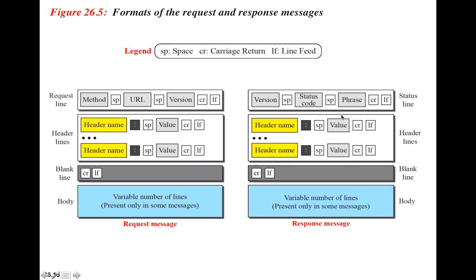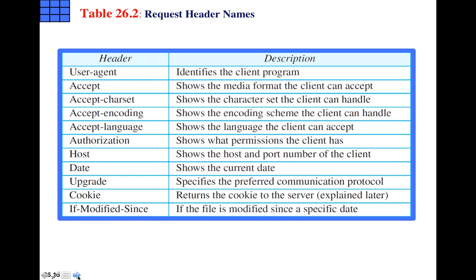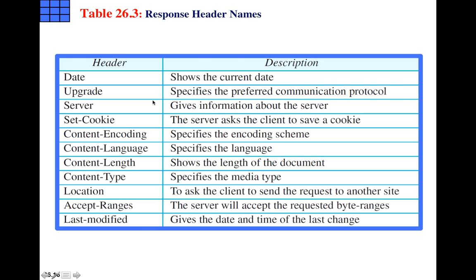Now to look at the header details for the response side, these are the request header names, these are the response header names. So the server will respond with the date, show the current date, which would mean your response was sent on this date at this time.